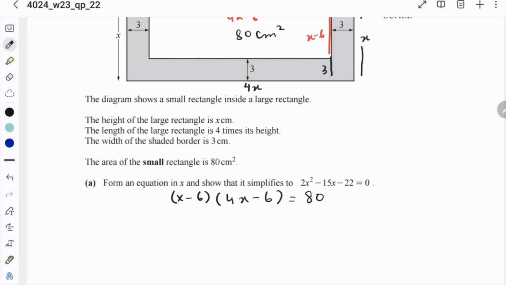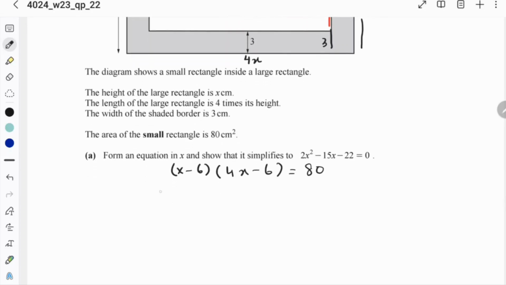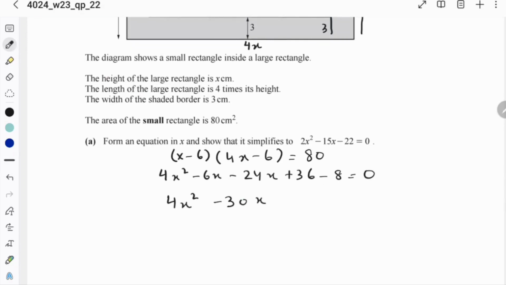square centimeters. Now we are going to expand: 4x square minus 6x minus 24x plus 36 minus 80 equals 0. 24 and 6 become 30, so 4x square minus 30x, and 36 minus 80 is minus 44, since 80 is the greater number. So 4x square minus 30x minus 44 equals 0.